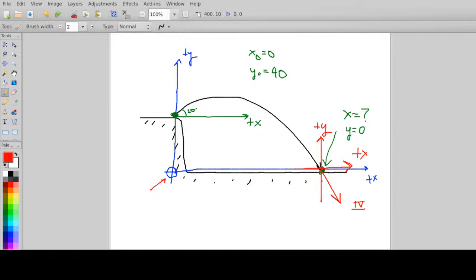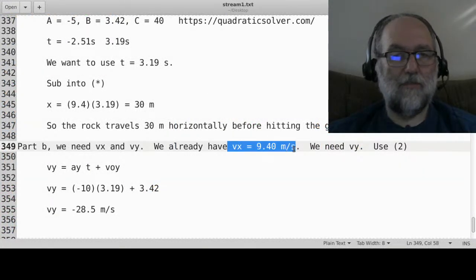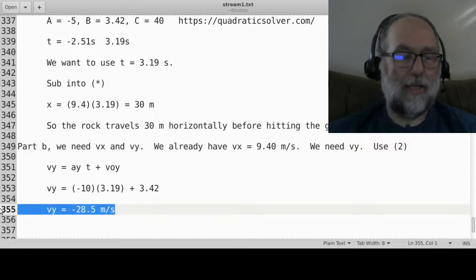In quadrant 4, x is positive and y should be negative. And that's in fact what we found. If we go back here, you'll see that x is positive and y is negative.